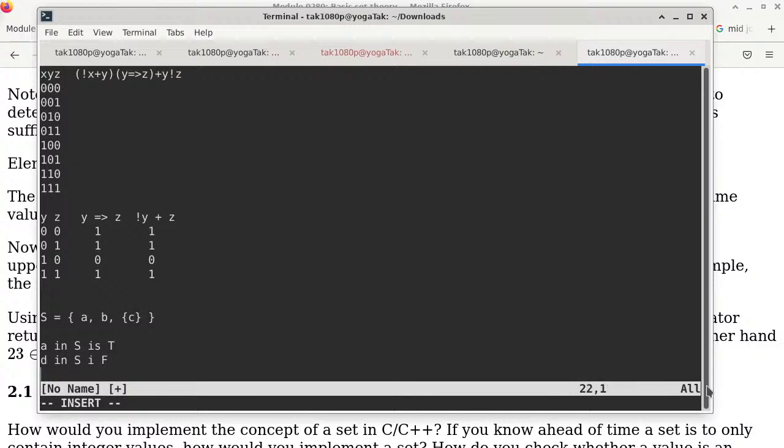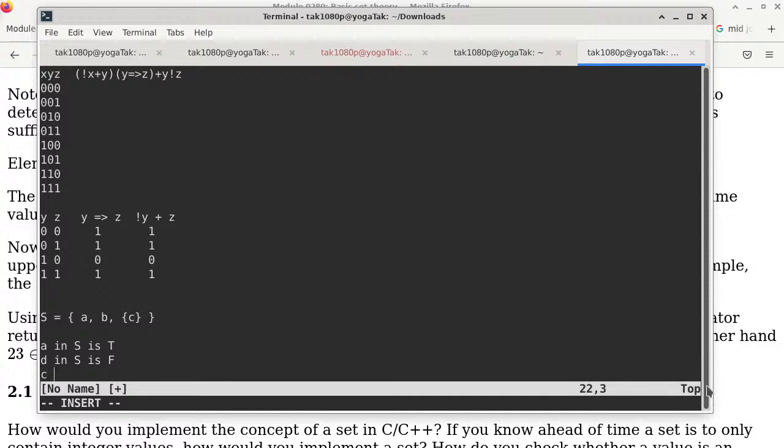That's kind of obvious too. I think these two are really obvious because A is clearly somewhere within the braces, and D does not appear anywhere, so it cannot possibly be in the set. So the tricky one is, what about C?